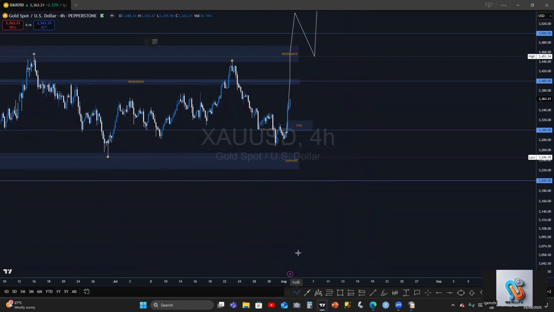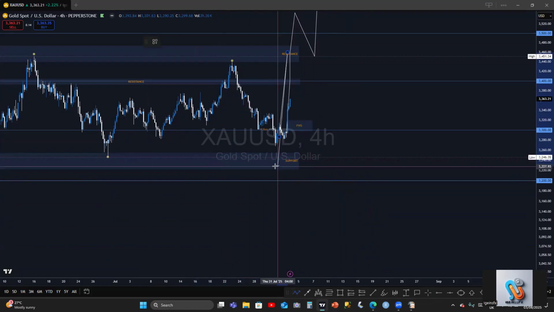Or if it gets here and it rejects, that means it's coming down. And if it's coming down, we can take some little shots, but let's be mindful that there's an obvious support level here.